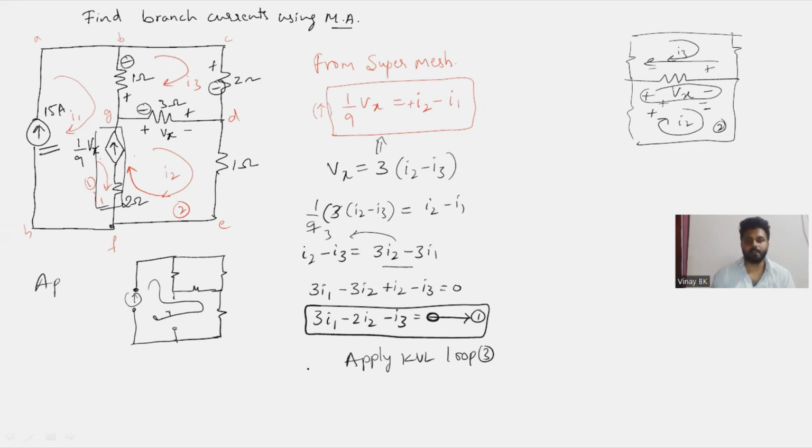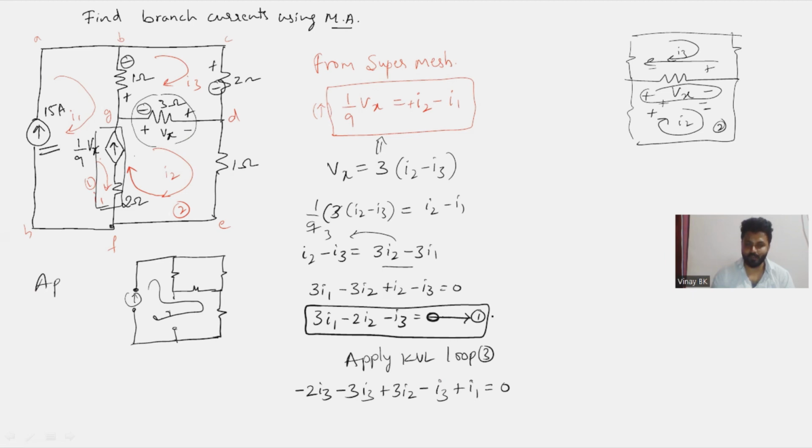So I will write here minus 2I3 minus 3 into I3 minus I2, that is nothing but minus 3I3 plus 3I2. Similarly there, minus I3 minus 1 into I3 minus I1, that is nothing but minus I3 plus I1 equals 0. But we know the value of I1, keep that in your mind.